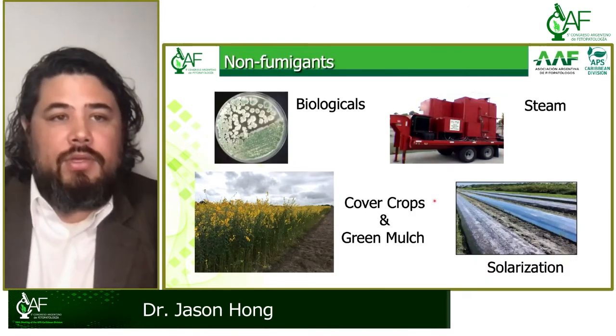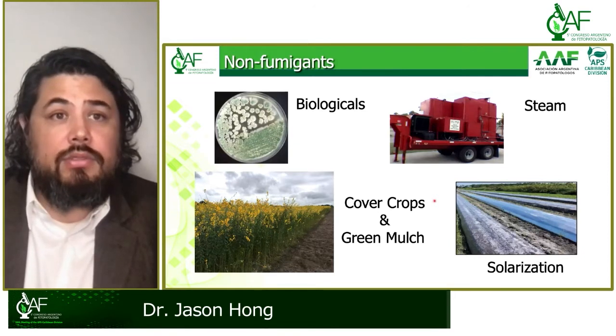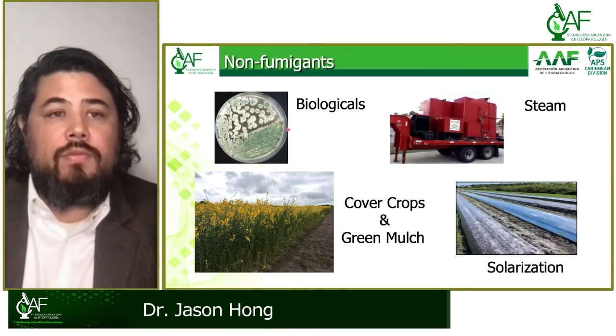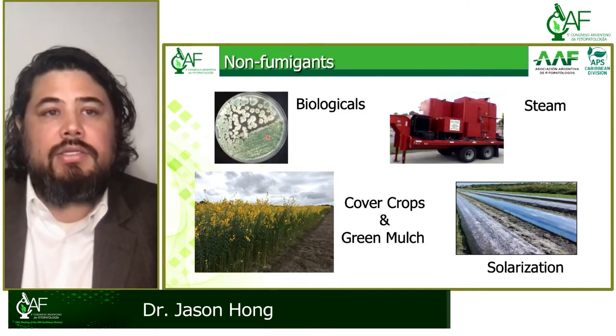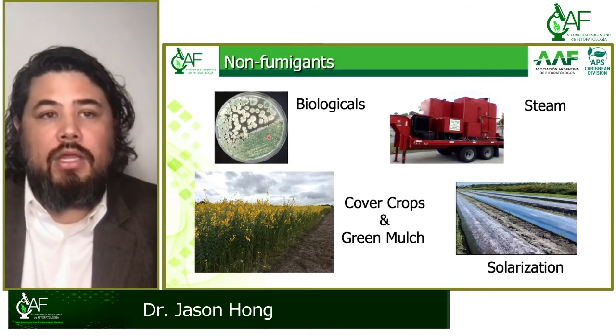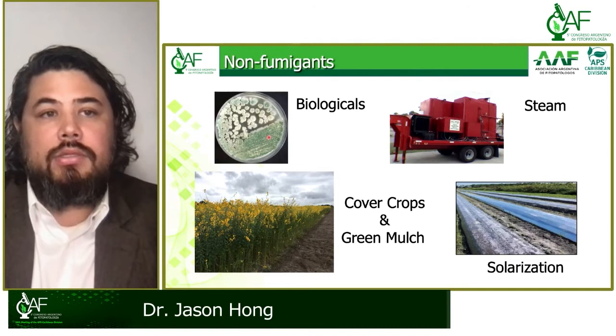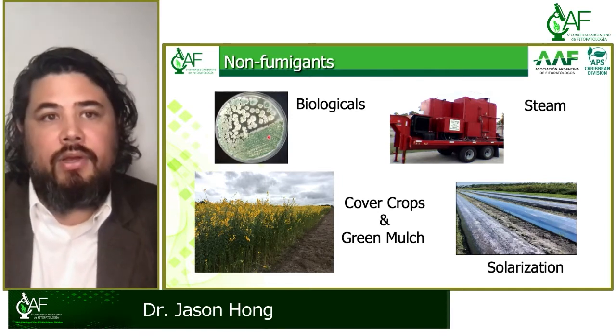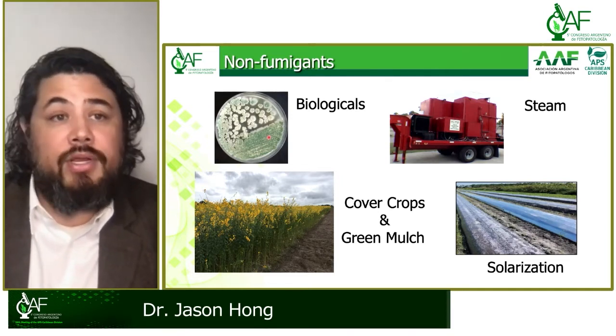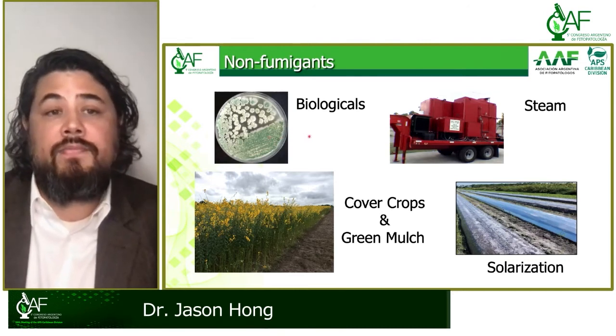There are non-fumigants that are being used to control these soil pathogens and pests. Some of them are biologicals, which are other microbes that are antagonistic to the soil pathogens. However, what they're finding is that sometimes these biologicals do not transfer from field to field, and they can be very specific, up to strain specificity.